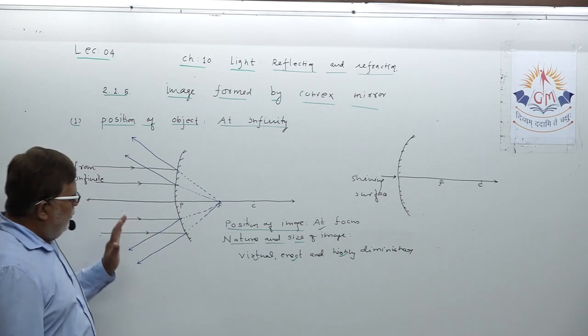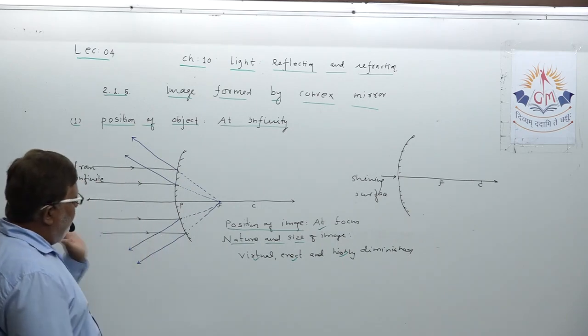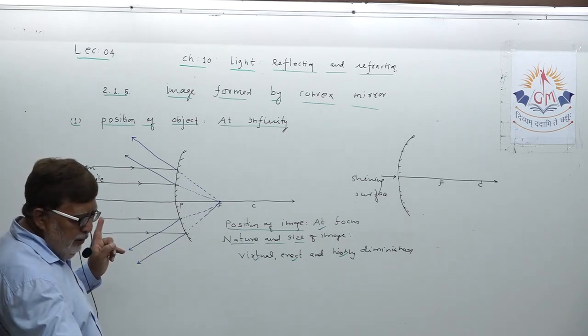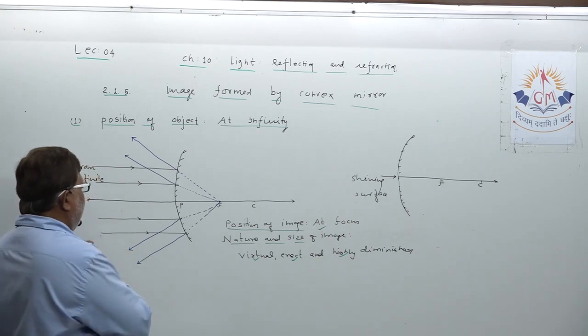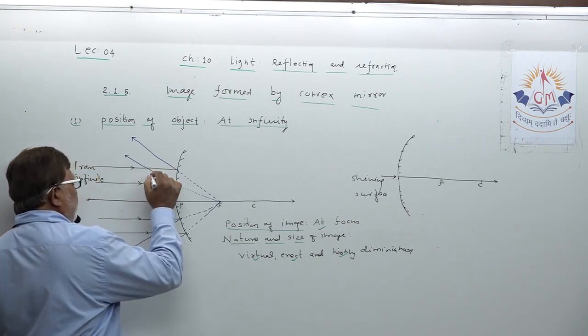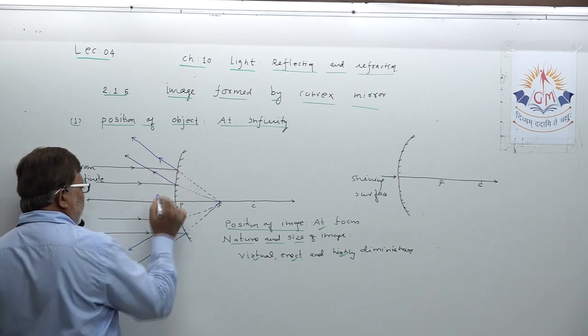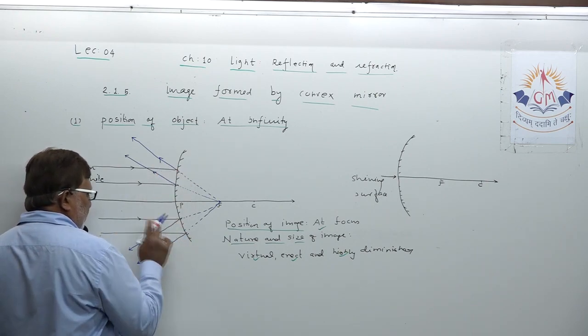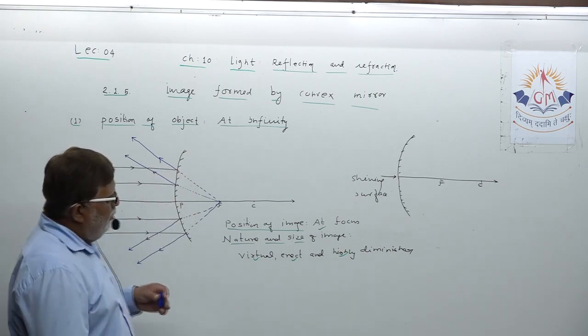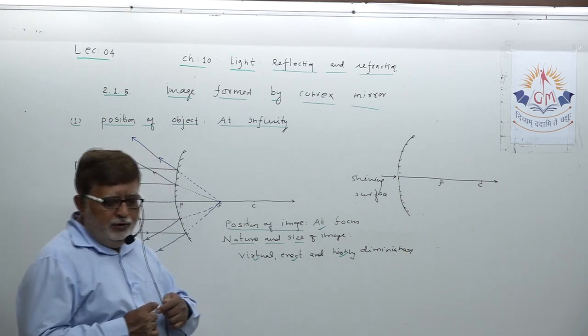Okay, first you simply verify this. Here dear student, one thing has to be very clear in your mind. These rays were diverging this way, but when they are extended back, they seem to be converging at one point.